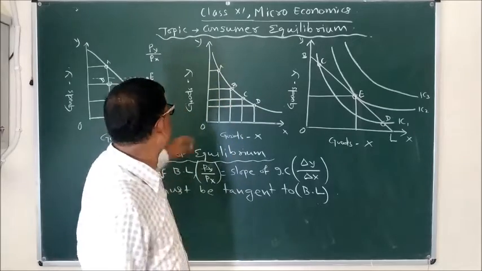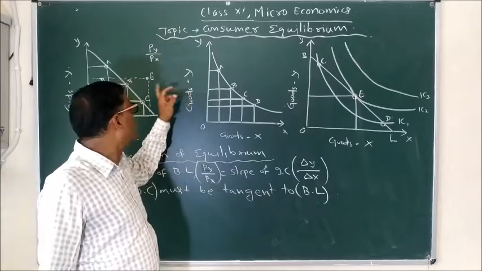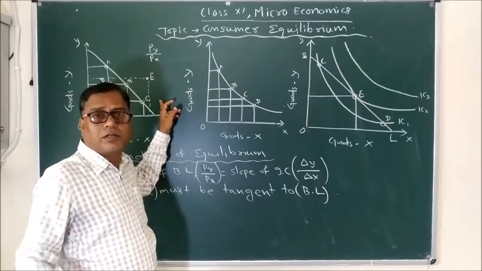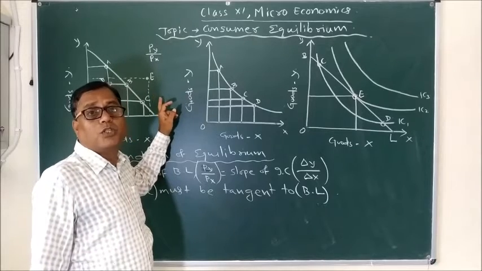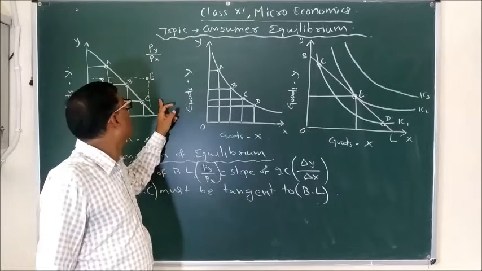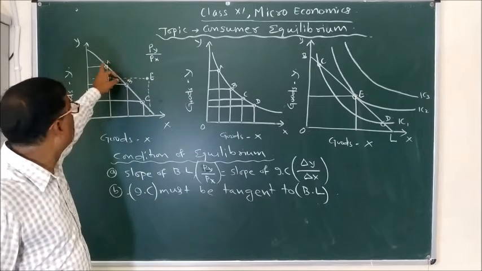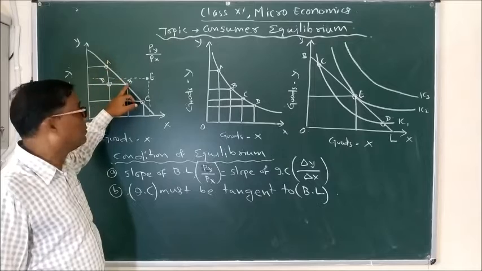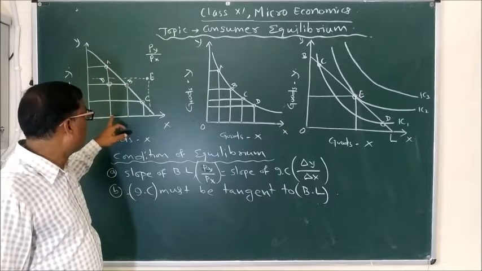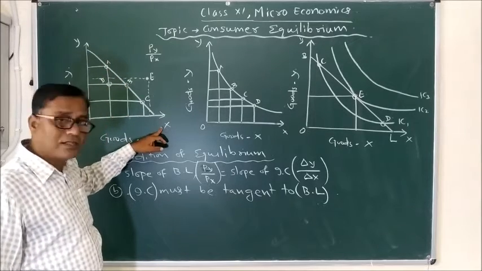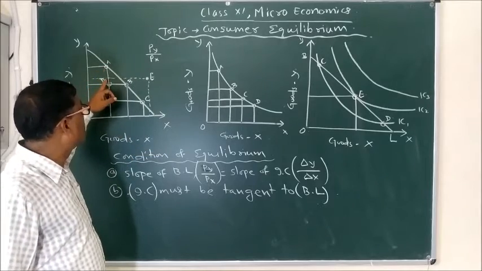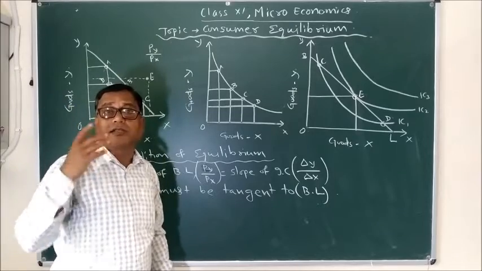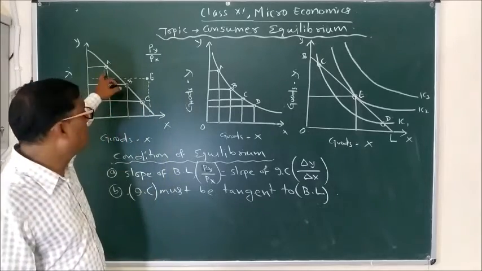Yesterday we discussed the budget line, and we discussed that the budget line is nothing but the price ratio between both the goods X and Y. Suppose this is a budget line, and if the consumer moves from point A to point B, that means he is willing to increase the consumption of X and sacrifice the consumption of Y. According to the market prices of X and Y, what is the exchange rate?